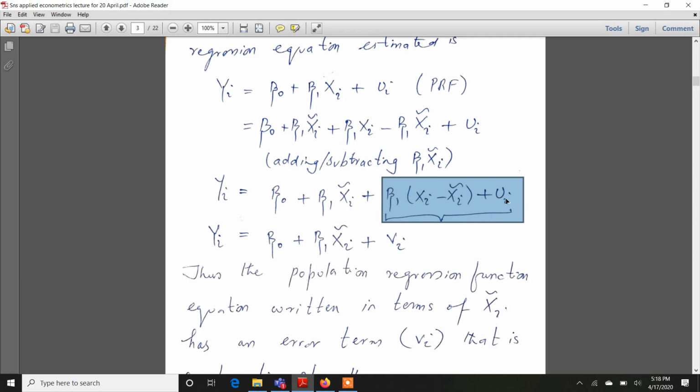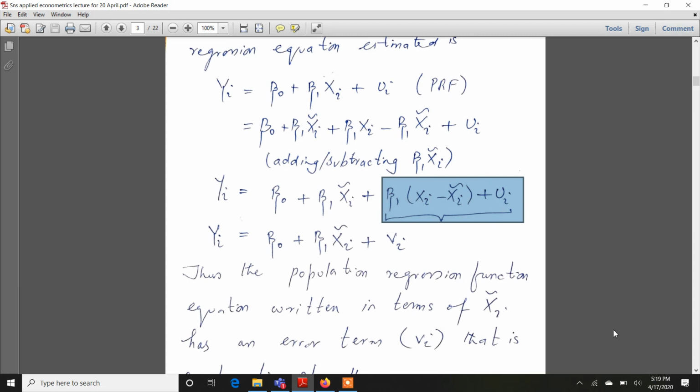Because ui is the inherent error or the residual in the original regression equation. And this part is an error due to the difference between the actual x and the reported x, right? This may be the difference between the actual earning and the reported earning, right? So this entire thing, let's say we call it vi, right?